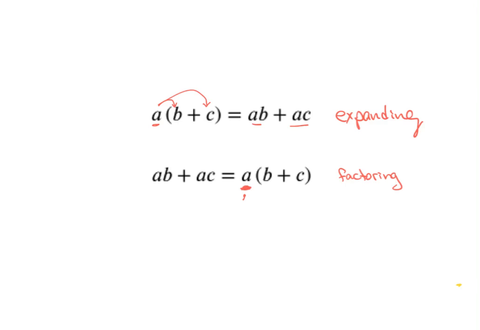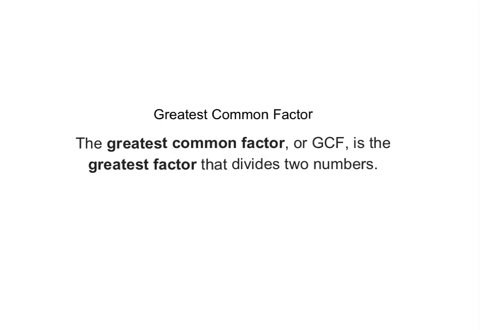And to do that, we need to look for what we call a greatest common factor. A greatest common factor, we often abbreviate that as GCF, is the greatest factor that divides two numbers. So factor means something that multiplies to a number, and we are looking for something that divides two numbers, or all of the numbers in a term.